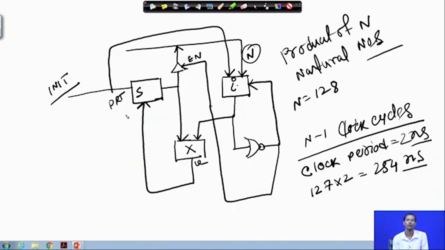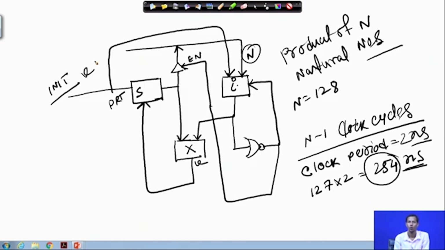for this particular circuit. That means I have to wait for 254 nanoseconds to produce the result after applying the input, or the starting of this total computation.